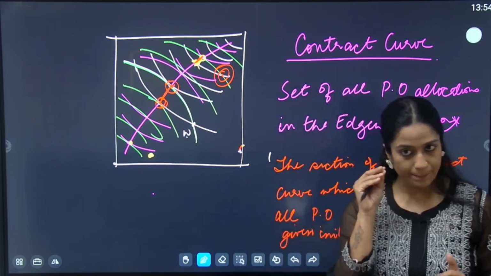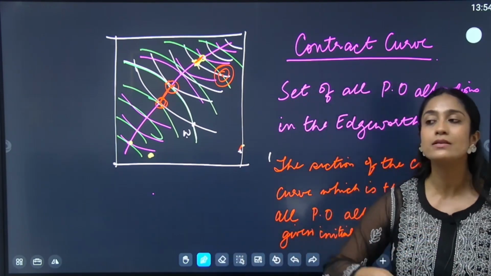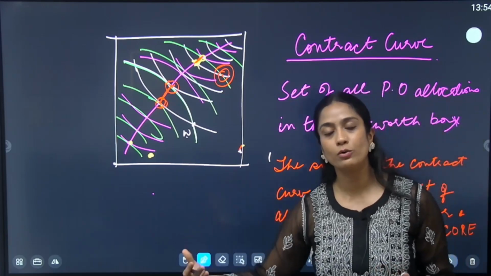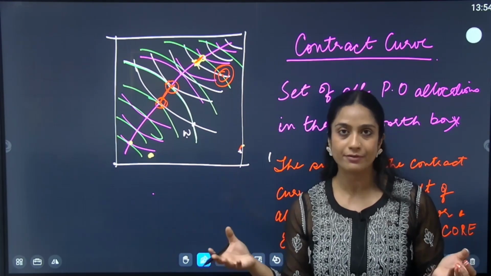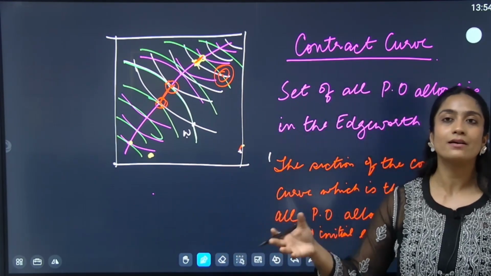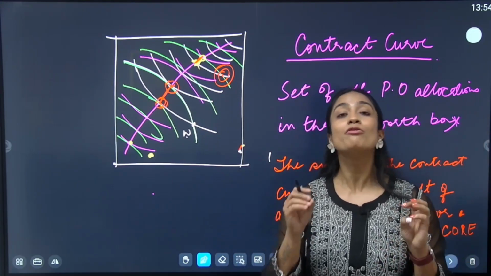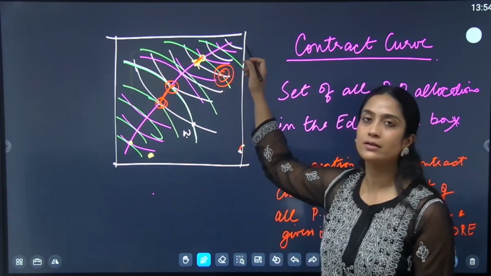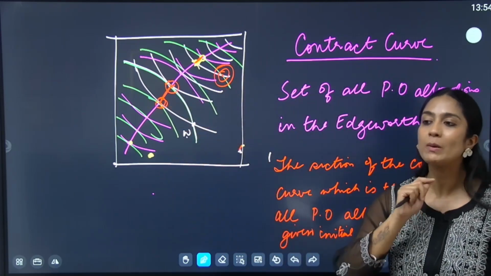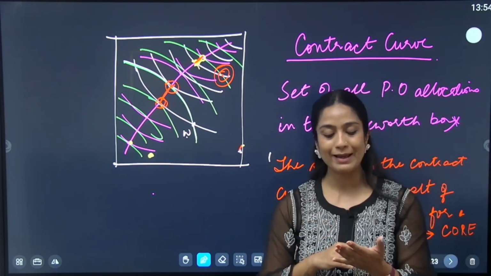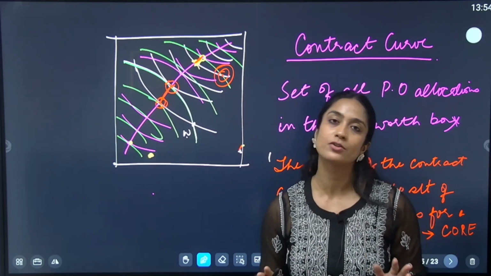But the big thing is that if you use the market mechanism, if you let prices decide the value, the prices and the utility that the consumers have, right? These price taker agents, if you let prices do their thing, you will not only land on the contract curve, you will land on the core. You will make an allocation that will be Pareto optimal. It will make everyone better off without making anyone worse off. At least no one will be made worse off, right?